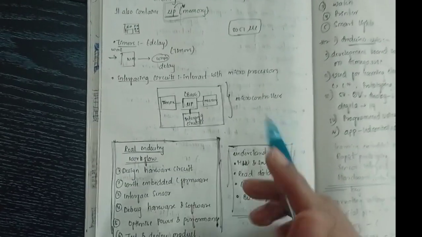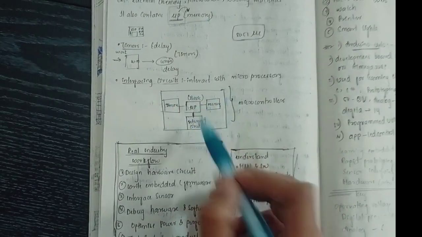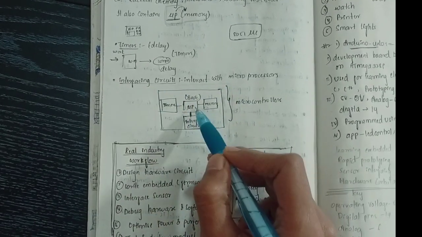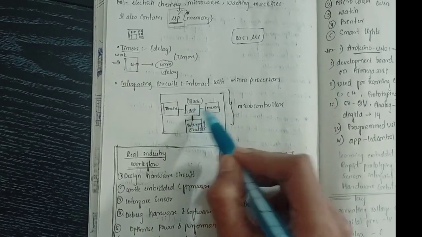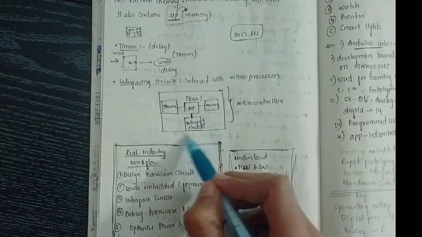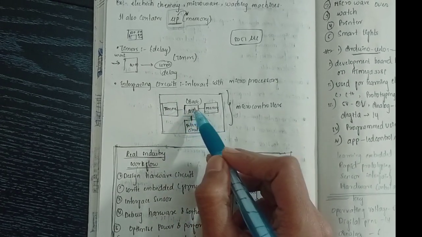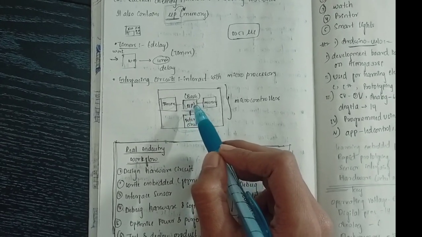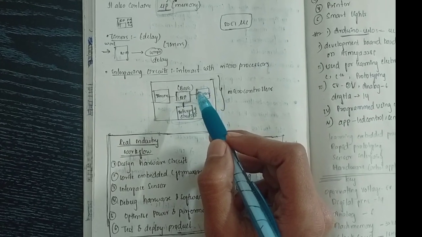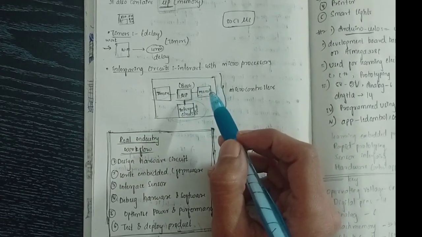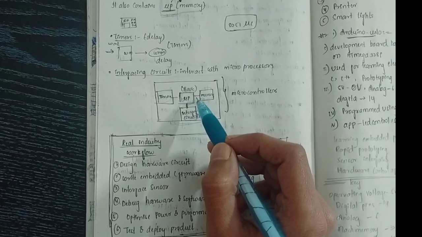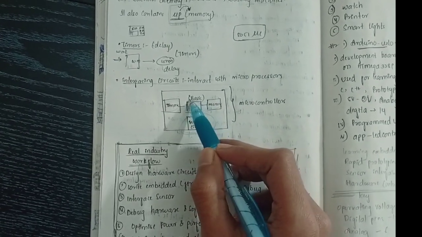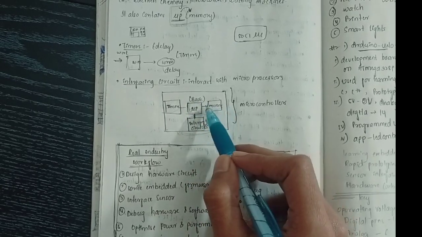So let's understand it with a block diagram. This is the block of a microcontroller which consists of the microprocessor, memory, timers, and interfacing circuits. We can observe this in washing machines. We have basic functionalities like heavy wash and turbo wash, which are stored and executed by the microprocessor.